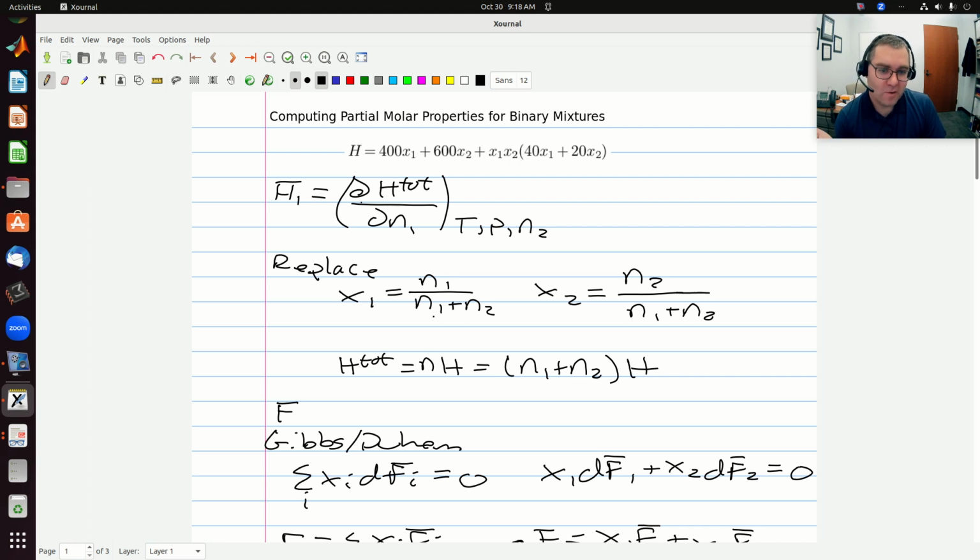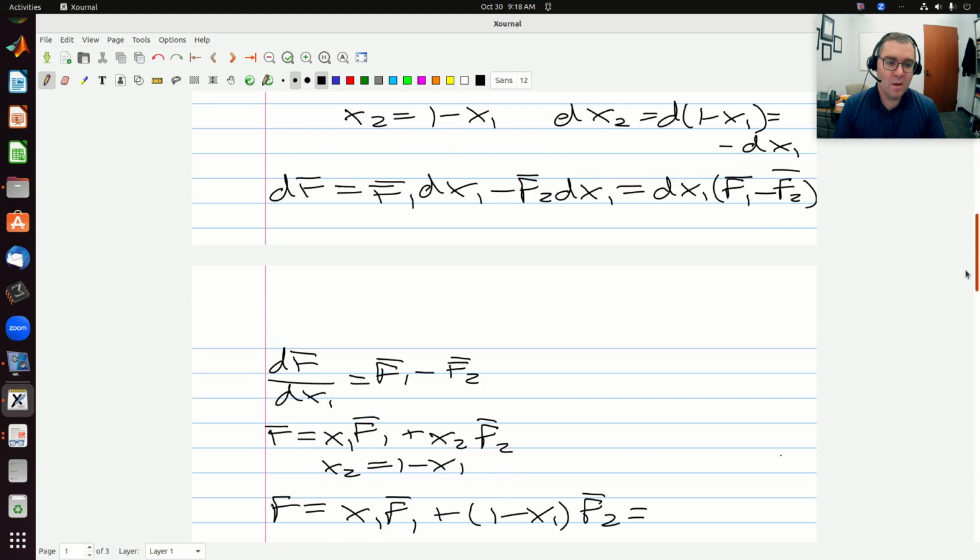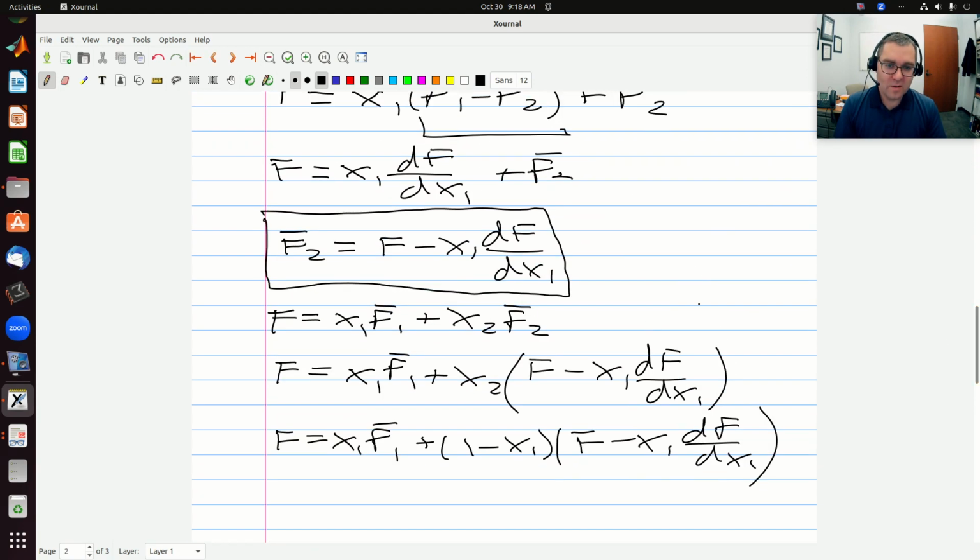Then I would have to differentiate. If I wanted things in terms of moles, I'd have to divide through by n to make it molar. I'd have to substitute in mole fractions in terms of my moles. So there'd be a lot more algebra that would need to be performed. Okay. And so with these simplified expressions for a binary system, now the right hand side only involves a derivative with respect to mole fraction.